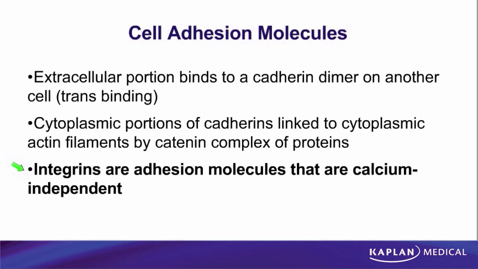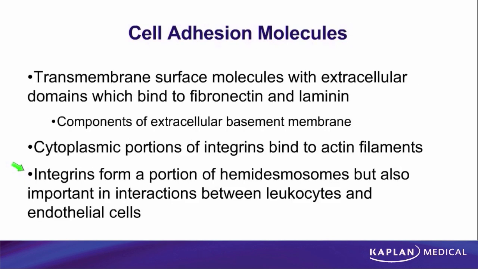Cell adhesion molecules have to be able to turn on or turn off because, for example, during development, we have to have cells that migrate from one place to another as a part of development. Well, think about what's necessary in order for a cell to migrate. A cell has to first let go of the surface it's attached to, move someplace else, and then hold on to a new surface that it's attaching to.